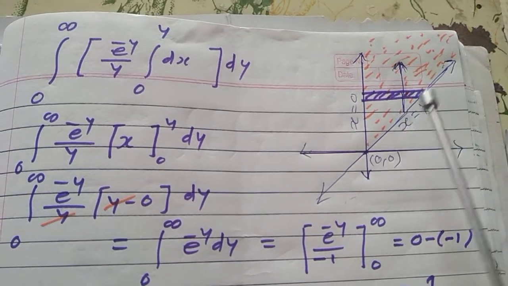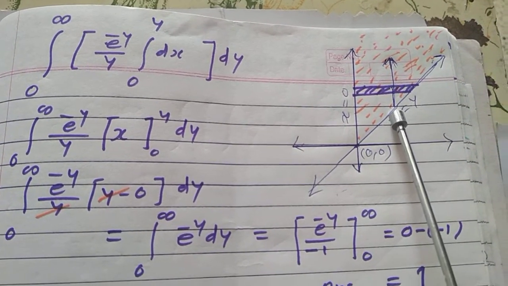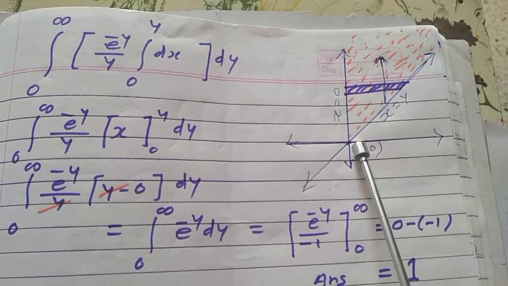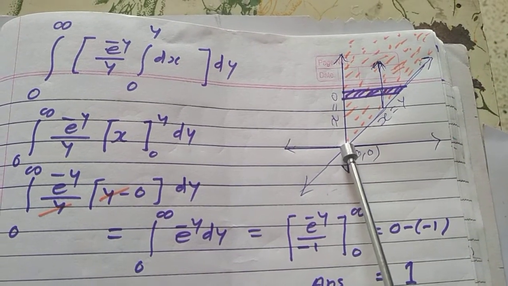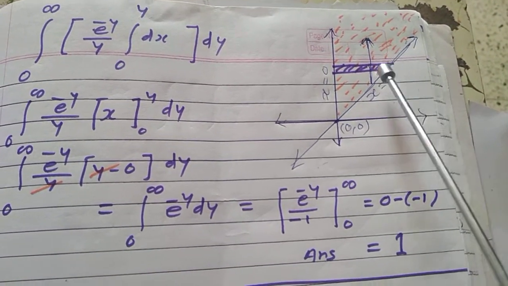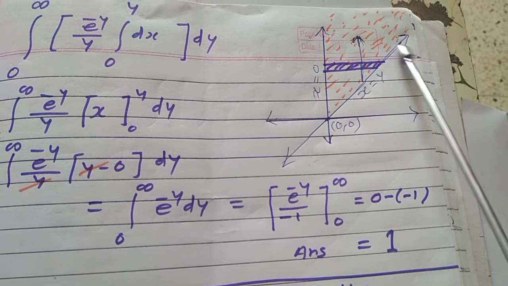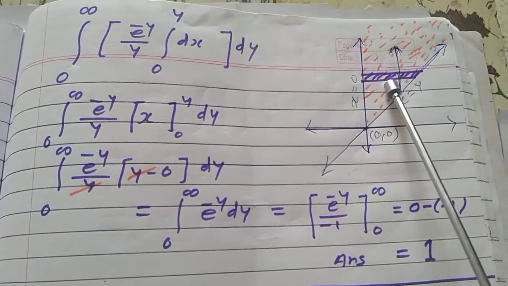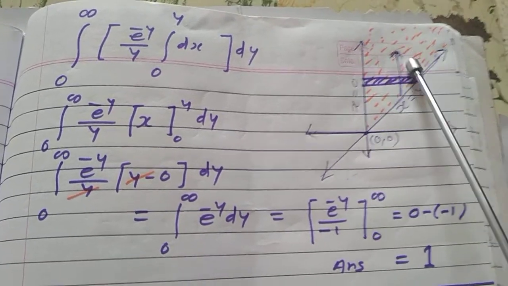So lower limit is y is equal to x, upper limit is infinity. No limit at all, that's why I have given an arrow here. This is my figure, the region of integration.